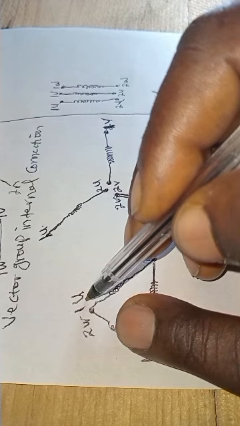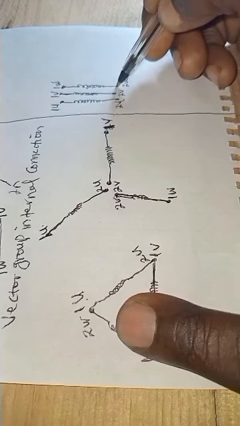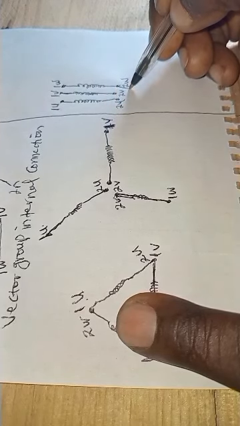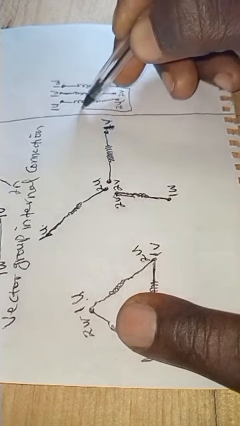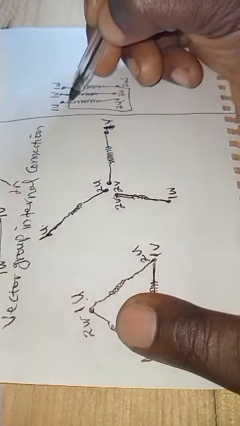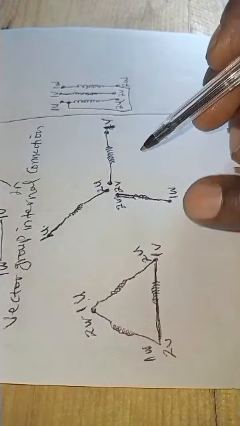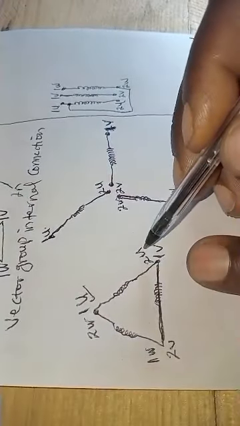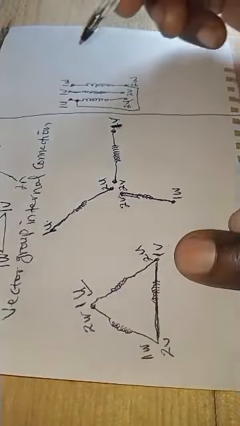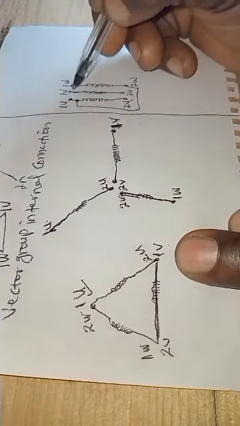Now from here, we have 2W and 1U. Can we see that? 2W, which is this, connecting to 1U. Look at it, connected. We are done with this. I have 2U, 1V here. See 2U here, and 1V is here.